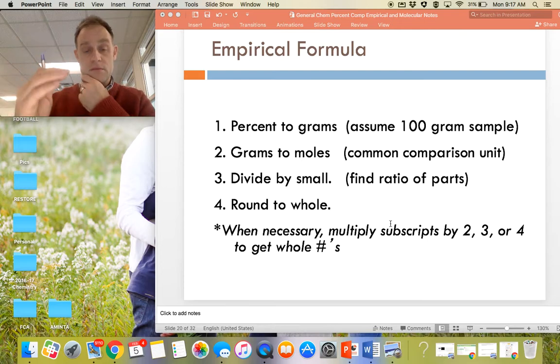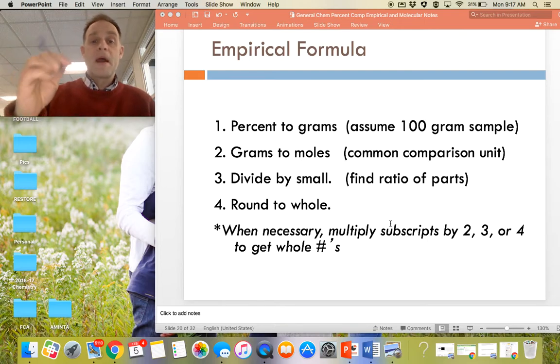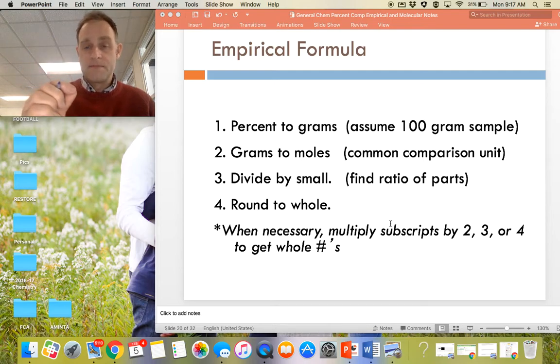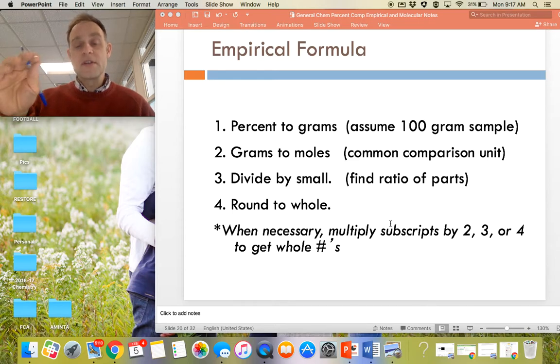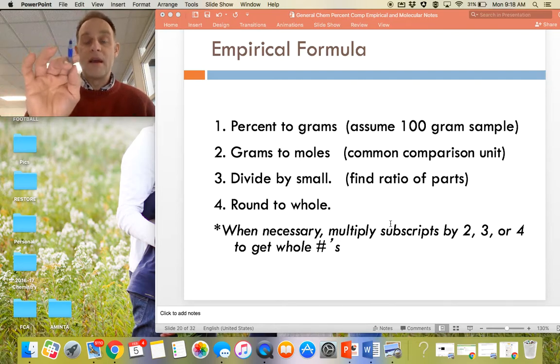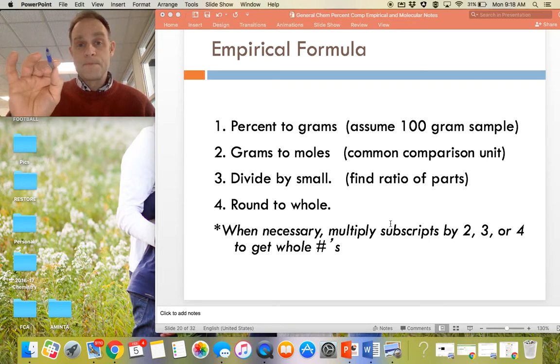I take the smallest one and divide all of them by that smallest one. Then I round those numbers to the nearest whole. After step 4, I take those final numbers and plug them back in as subscripts.